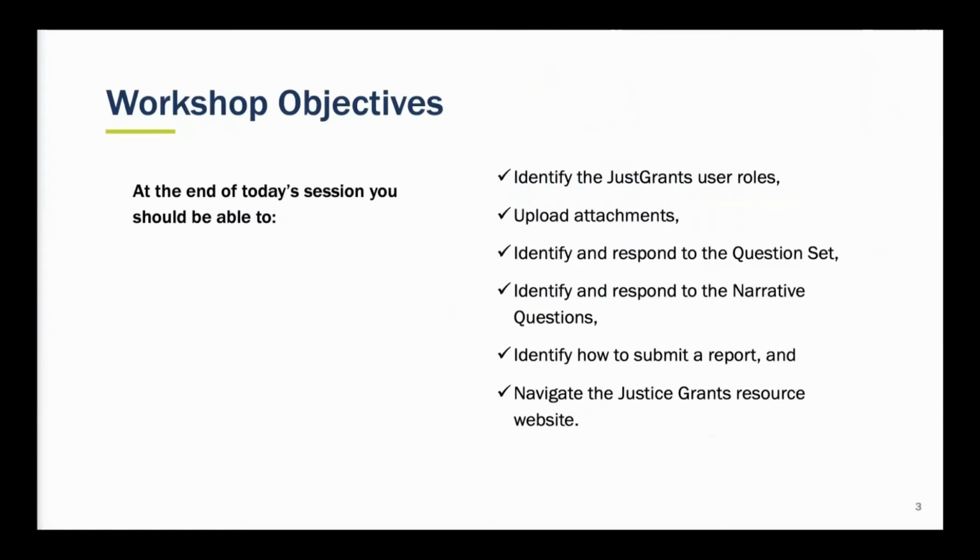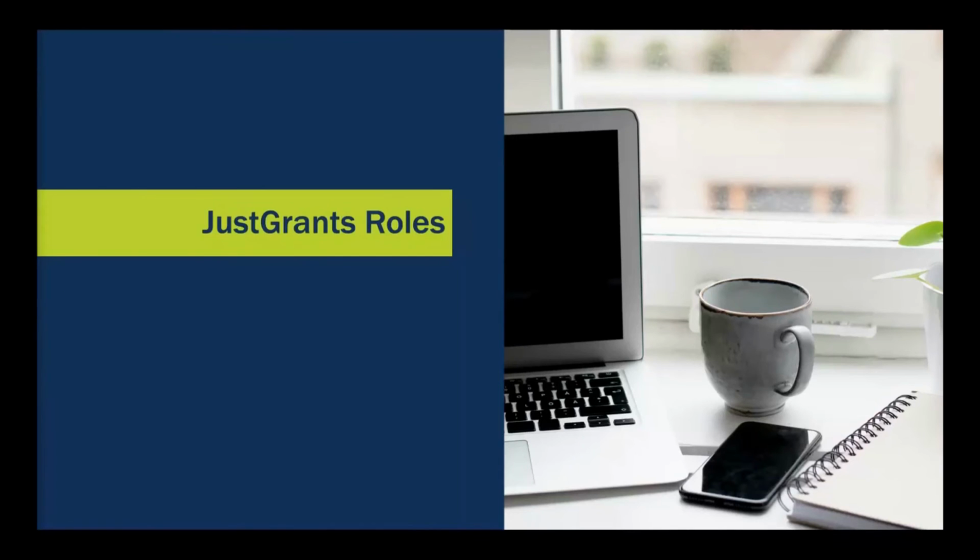the JustGrants resources website. There are 6 foundational roles in JustGrants, created to ensure that you have the authority and the ability to carry out the specific requirements and tasks that you need to do. I'll briefly discuss each role, but I'm going to spend a little more time discussing the role that's specific to performance reporting.